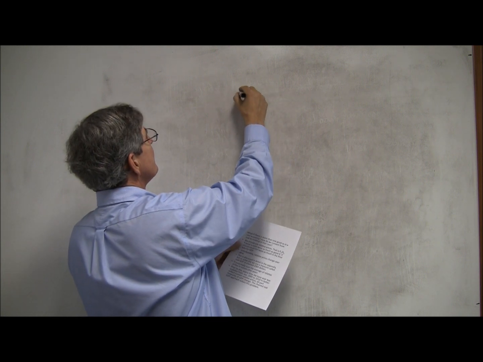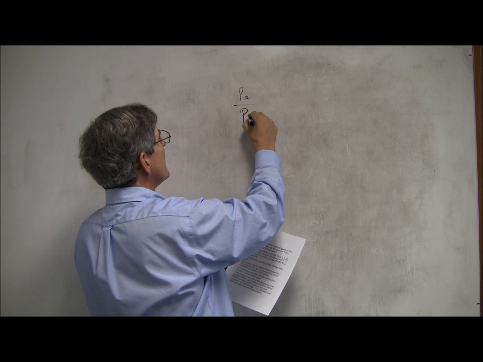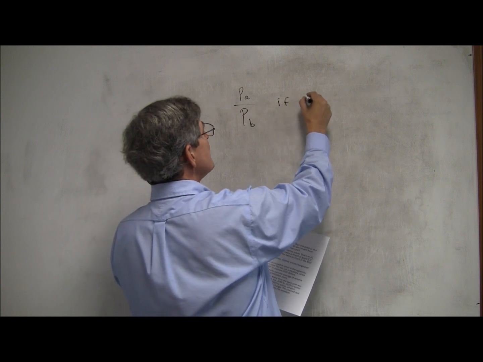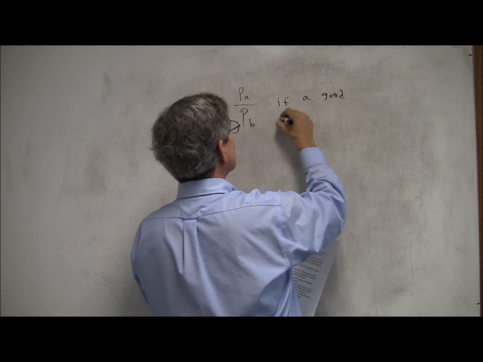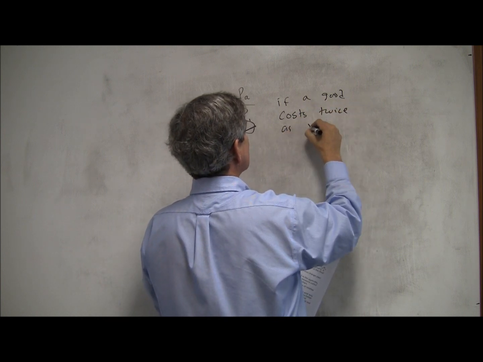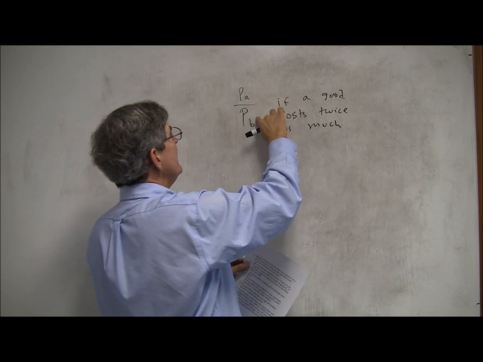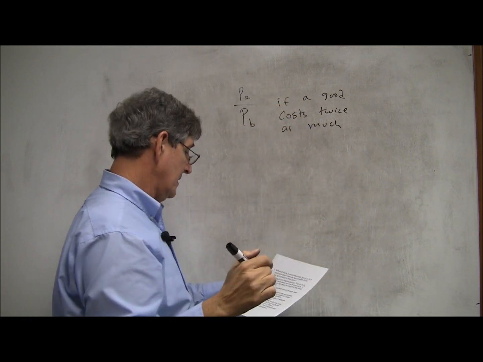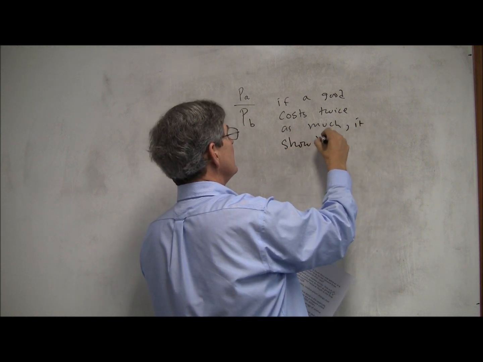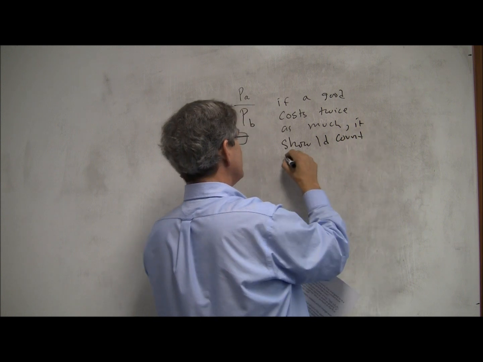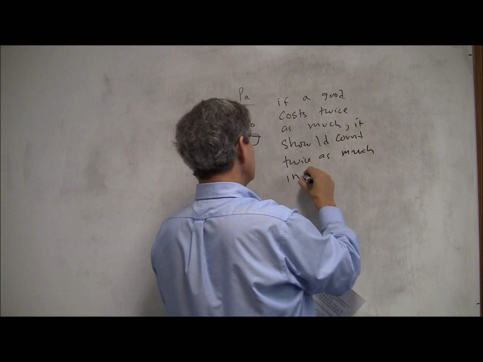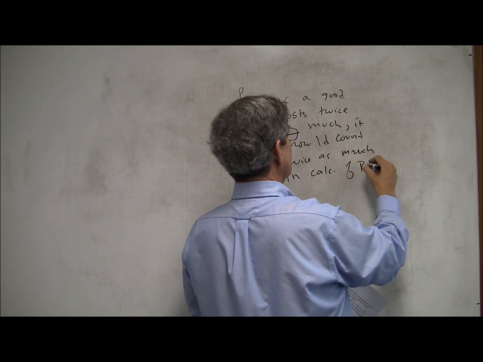Well, you should use relative prices, the price of A over the price of B. If a good costs twice as much, so if this PA over PB, this is $10, this is $5, it should count twice as much in the calculation of real GDP.